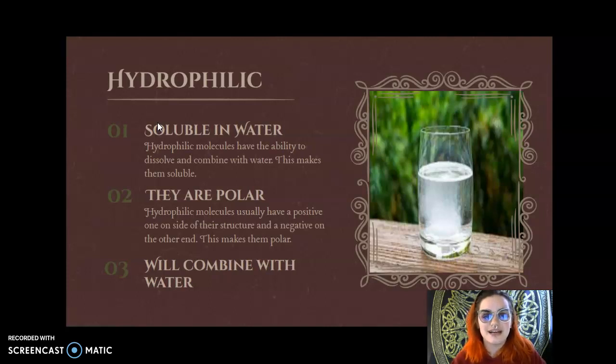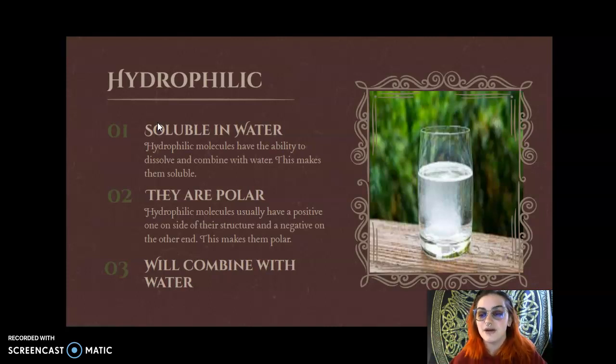So you'll get kind of like the picture on screen, a cloudy glass at first, and then it will become clear again because that salt or sugar or a starch or that hot chocolate mix has dissolved. In the case of the hot chocolate mix, you won't get your clear liquid, obviously, but you'll get a combined cup of hot chocolate.